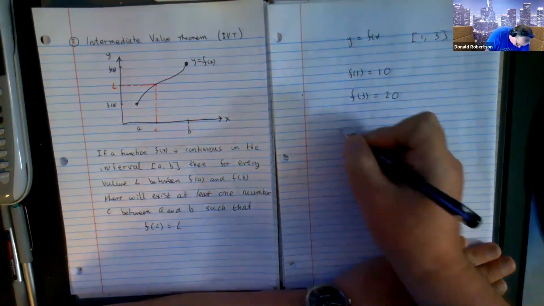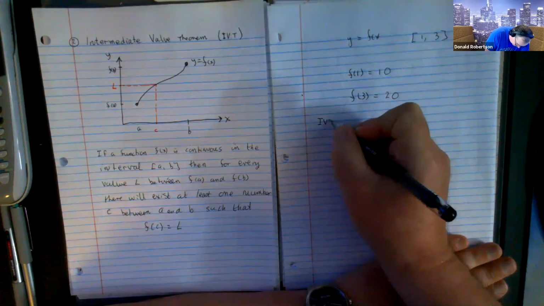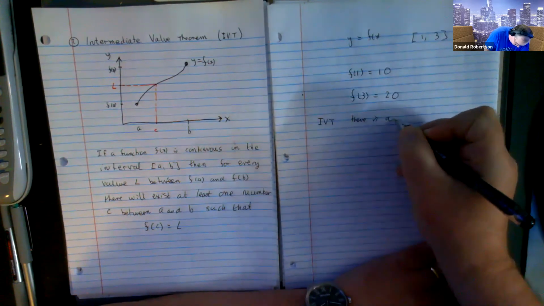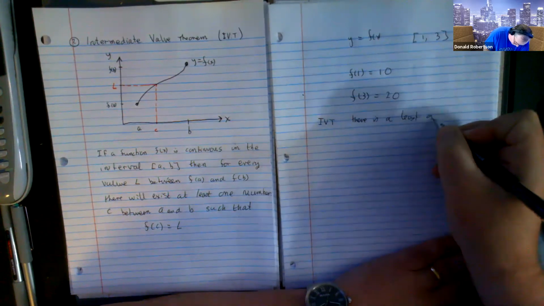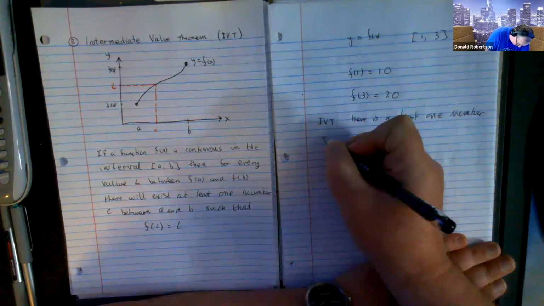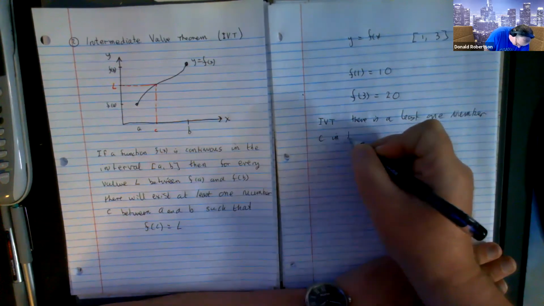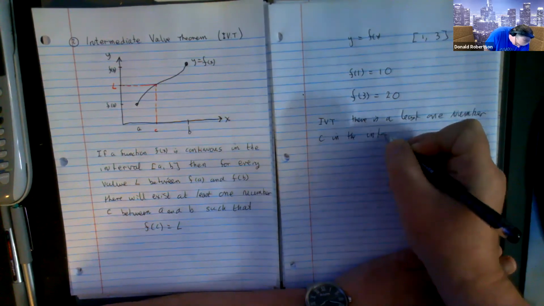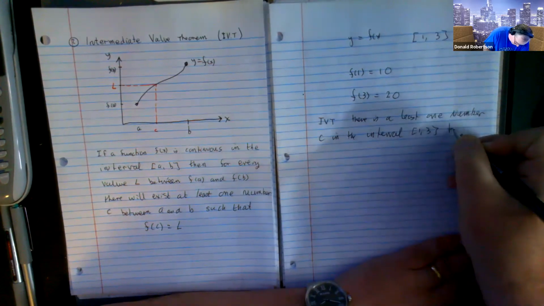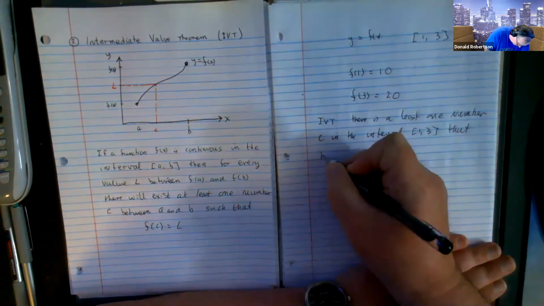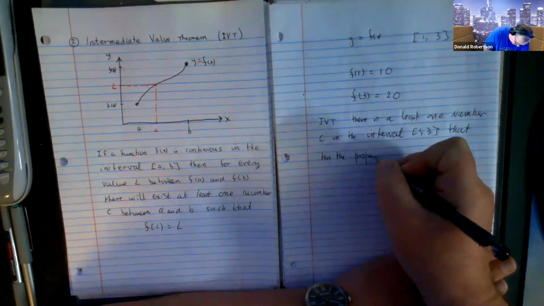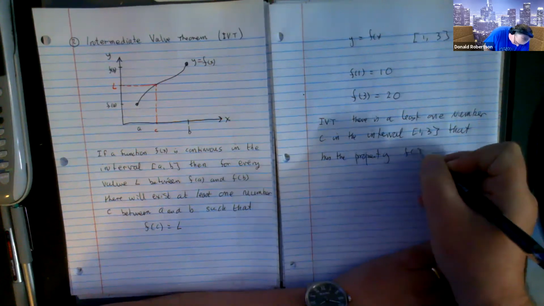Then according to the intermediate value theorem, there is at least one number c in the interval that has the property that f of c equals 12.